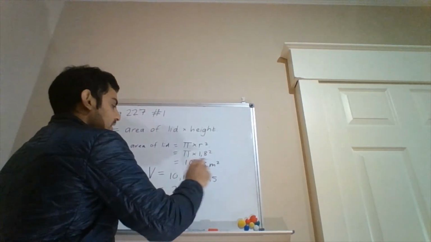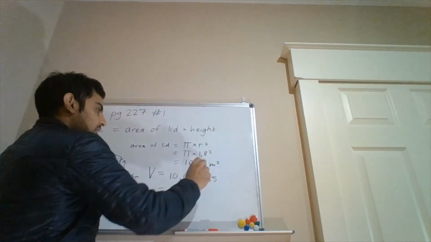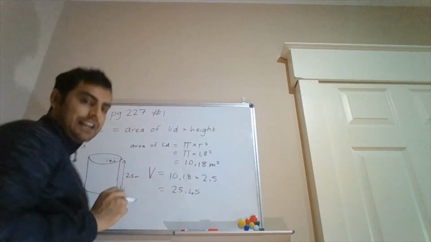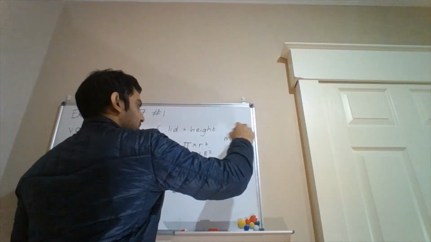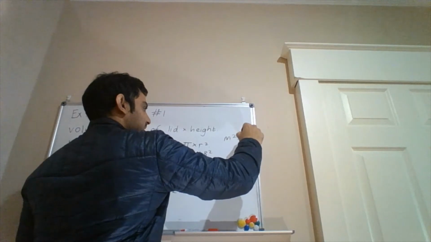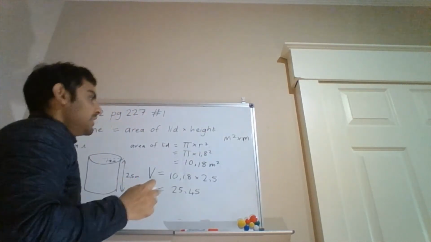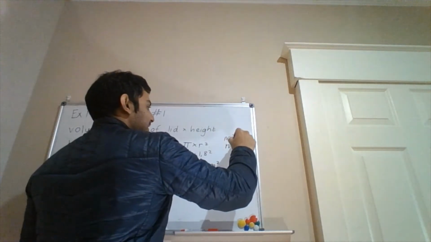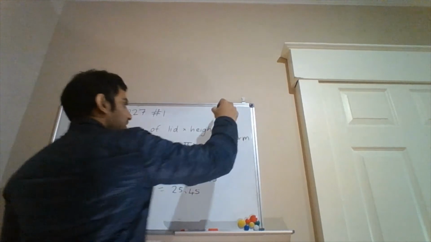The unit for area was meters squared, and the unit for height is meters. So we've got a unit of meters squared, and we're timesing it by the unit for length. This gives us meters cubed. You can check this with some numbers.